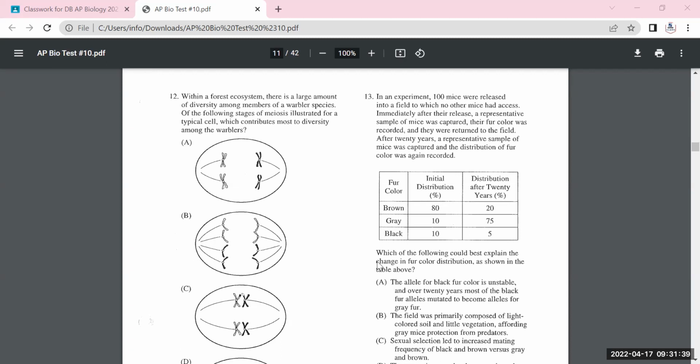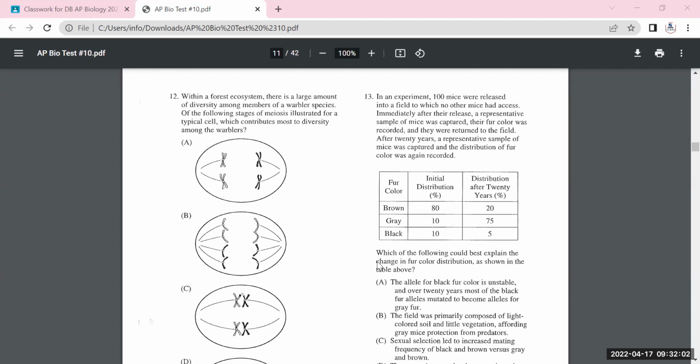You get crossing over during prophase one, and then as a result of crossing over, you have independent assortment, where depending on how your homologous pairs line up, you can end up in a wide variety of daughter cells.